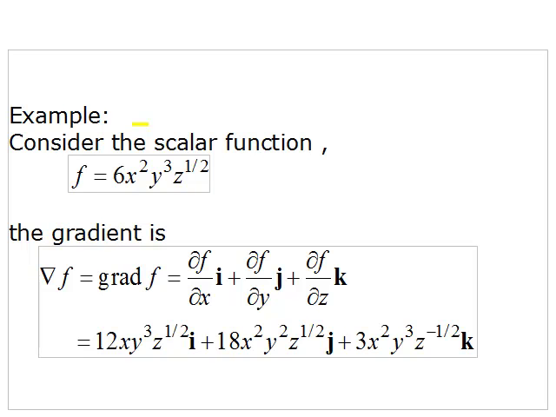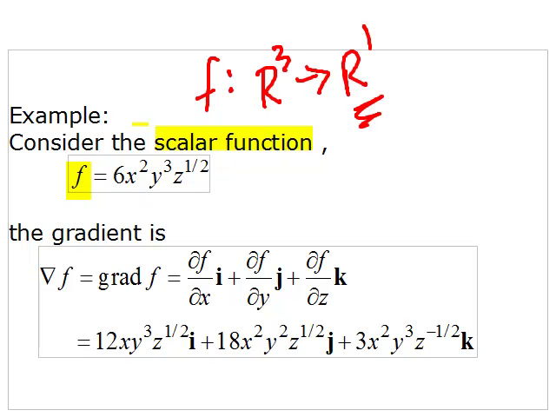This is just an example. So we have a scalar function. Remember, scalar function in this case would be mapping R3 into R1. It's a scalar function because it maps into R1. The gradient of f, we have del f. It's just applied to it. There's no other operator mentioned in between them.